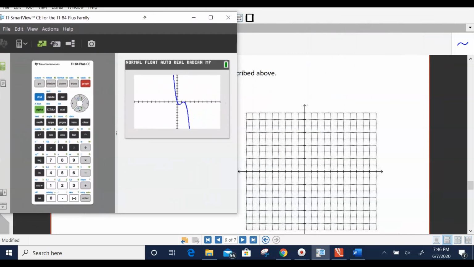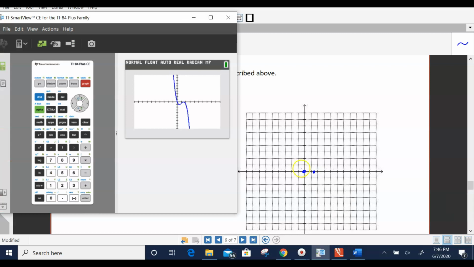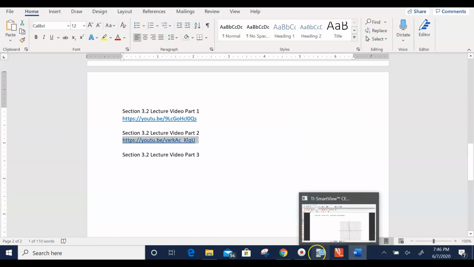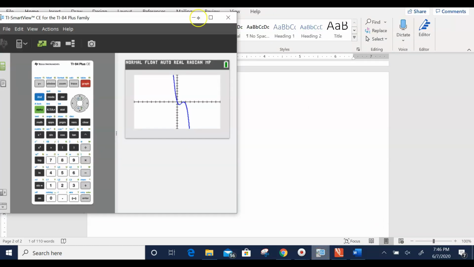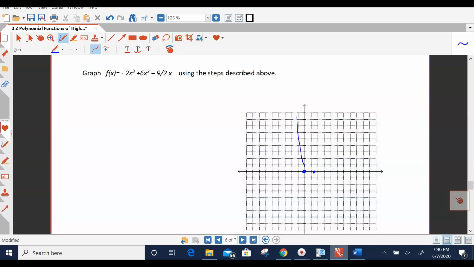Let's go ahead and graph that. So I've got a 0, I've got 1.5, and it comes down, makes a little turn, it bounces right there, so it comes down. Okay, well, there we go. This is what I want. So it comes down, a little turn, and then goes back down.